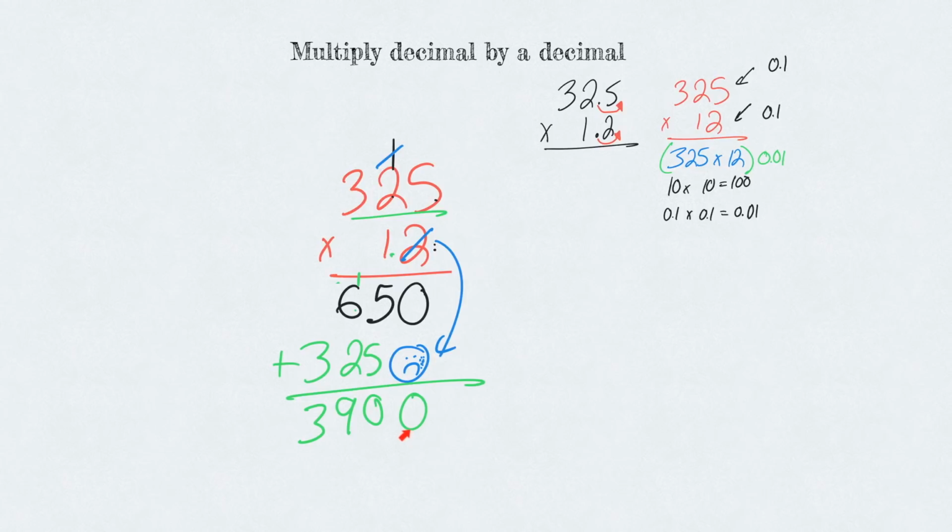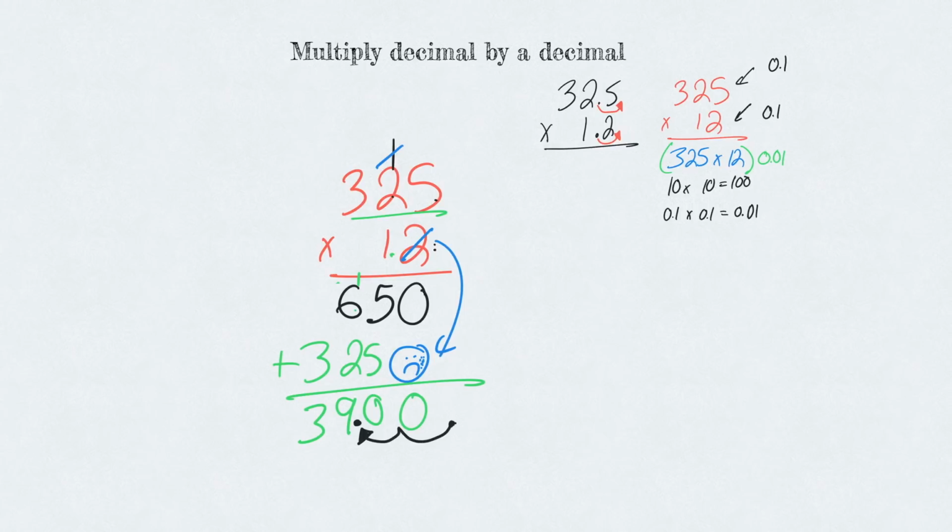Now, if you remember what we said here, this is too large. 3,900 is too big. We need to make it 100 times smaller. So the way to do that is we take our decimal point, right here, and we'll move it over 1. There's 10 times smaller. There's 100 times smaller. So we end up with an answer of 39.